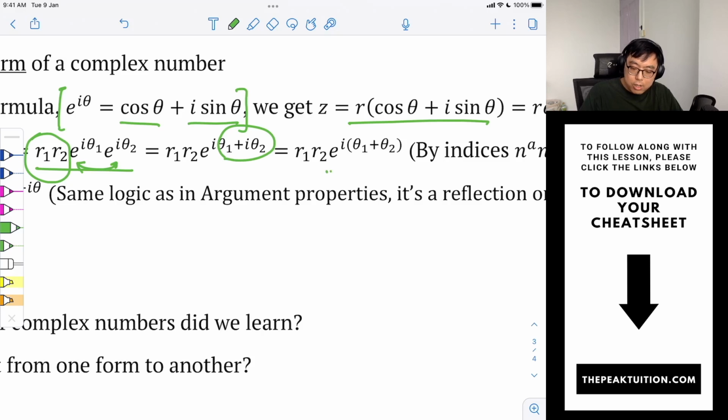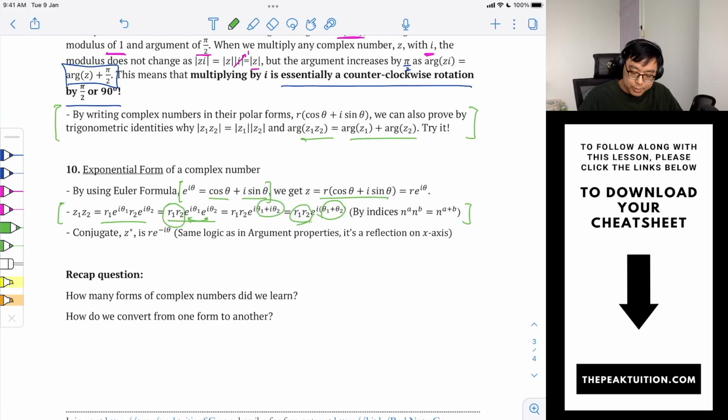And therefore, we have a total modulus of r1 times r2 and the total argument of theta 1 plus theta 2. Okay. And the conjugate of a complex number can be represented as adding a minus to the angle in the exponential form. Okay, and with that we have basically summed up all the main key concepts in complex numbers.